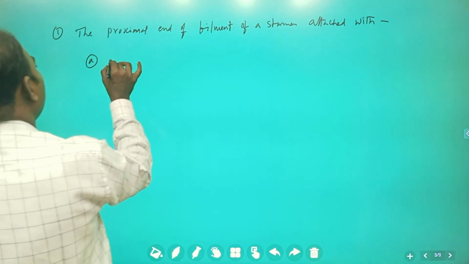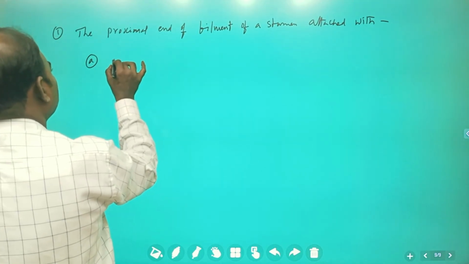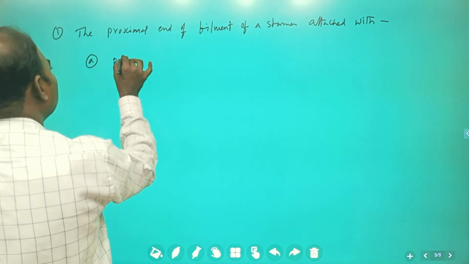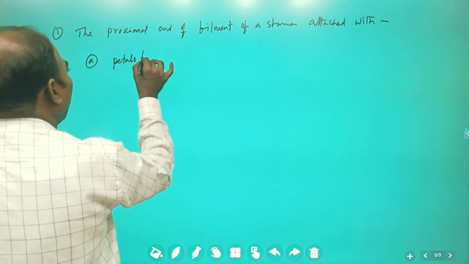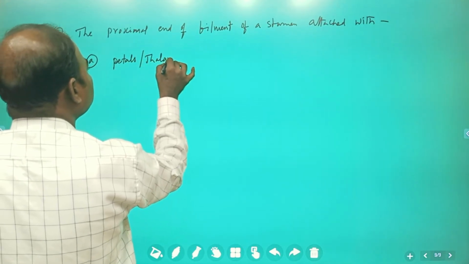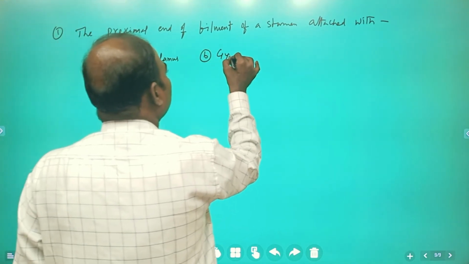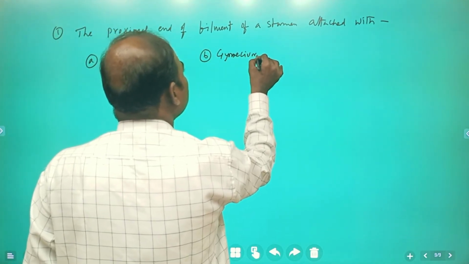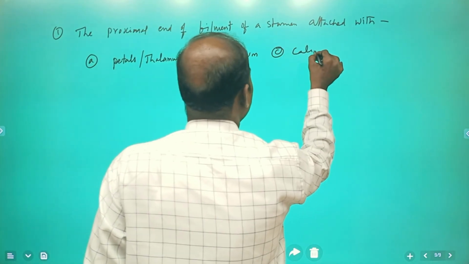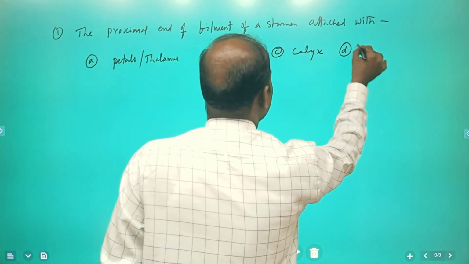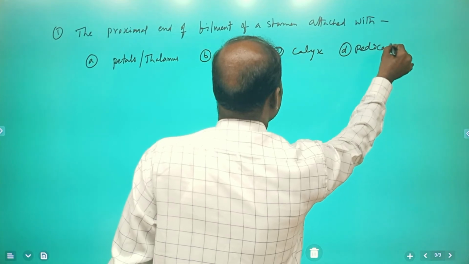A, petals or thalamus; B, gynoecium; C, calyx; D, pedicel.